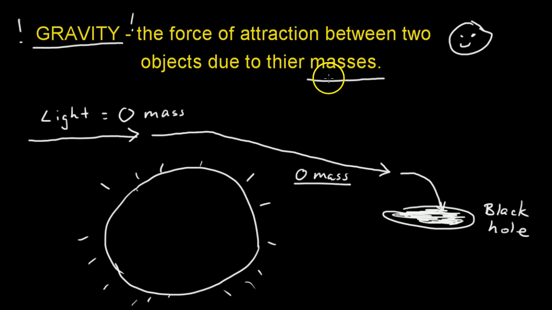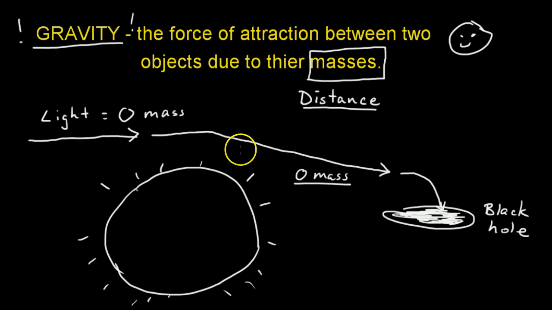The other part of gravity that people tend to forget, the book does mention it, is that not only is gravity affected by its masses, but the force of gravity is also affected by the distance between the two objects.